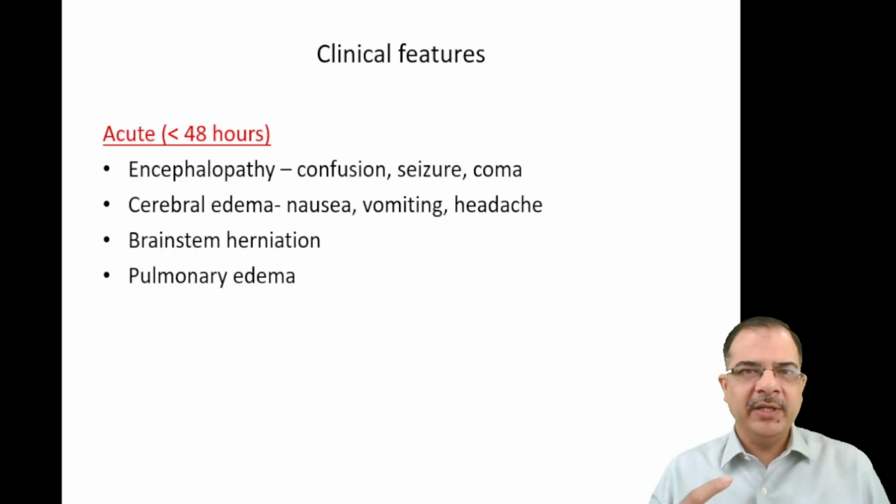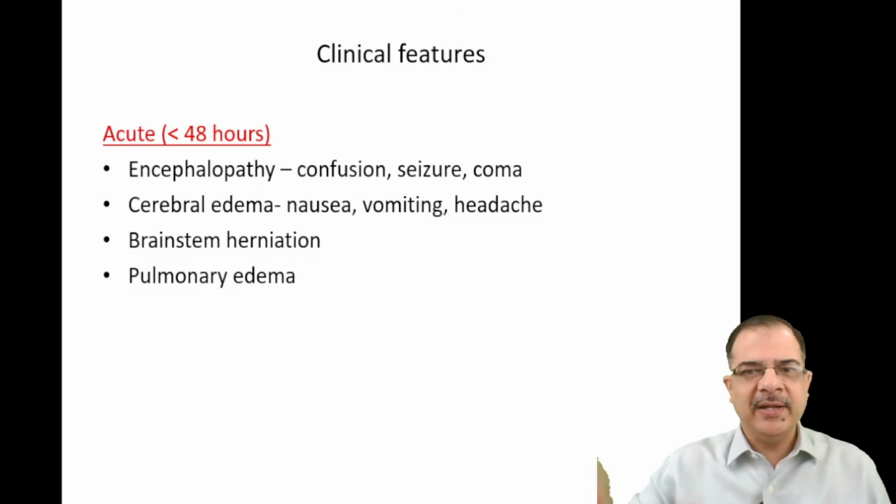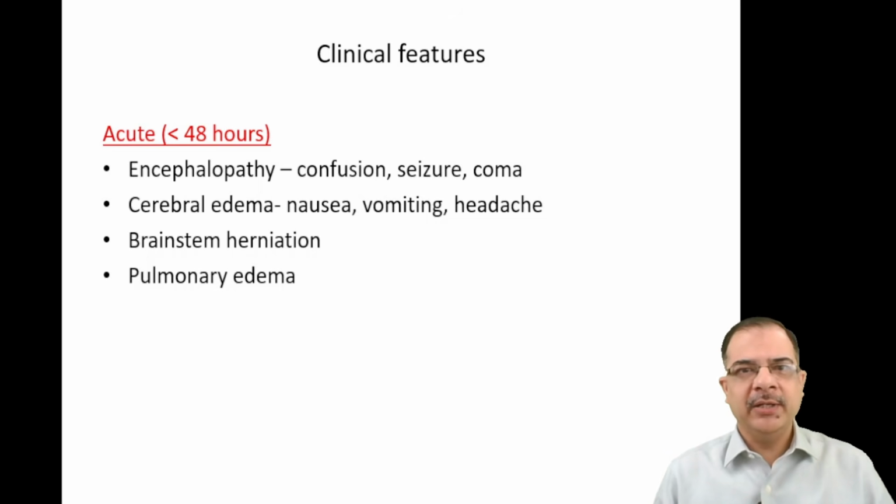Whenever there is some brain injury, there is a release of catecholamines, and those catecholamines cause pulmonary vasoconstriction, leading to increased hydrostatic pressure in the pulmonary vessels, and that leads to neurogenic pulmonary edema.